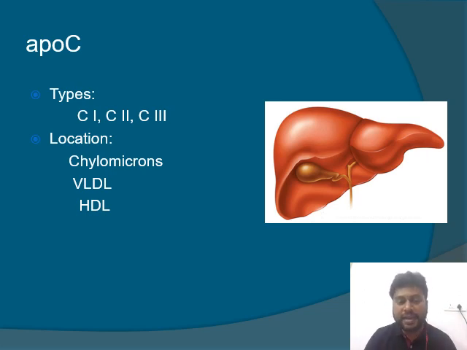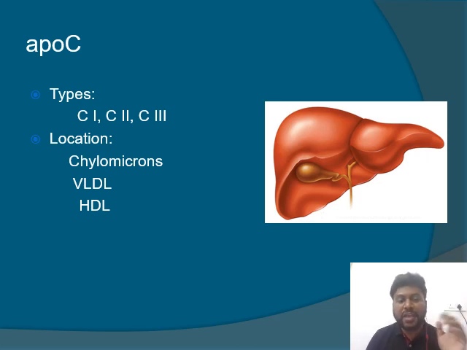That's why we say that it is present in chylomicrons, VLDL and HDL. Actually, ApoC is synthesized along with HDL only, and after synthesis, from the circulation, from HDL, the ApoC will be transferred to chylomicrons and VLDL. So it will be present in all these three lipoproteins: chylomicrons, VLDL and HDL. That means except LDL, it will be present in all the other lipoproteins.